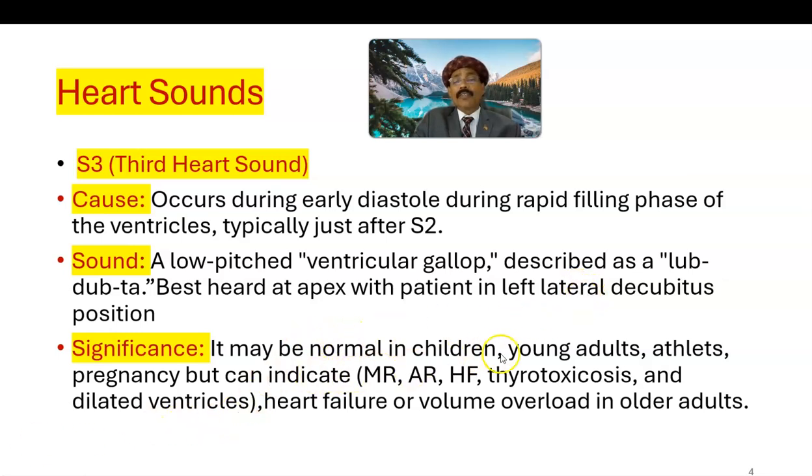Significance: this may be normal in children, young adults, athletes, and pregnancy, but can indicate mitral regurgitation, aortic regurgitation, heart failure, thyrotoxicosis, dilated cardiomyopathy, or volume overload in older adults. So these are the possible causes of the third heart sound.